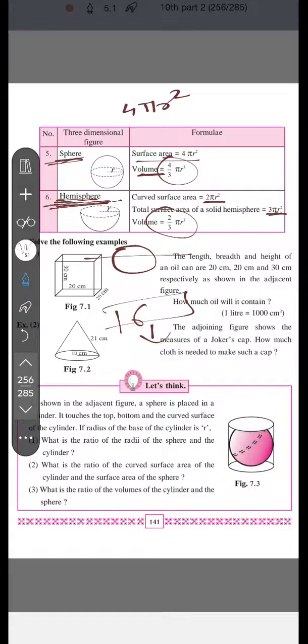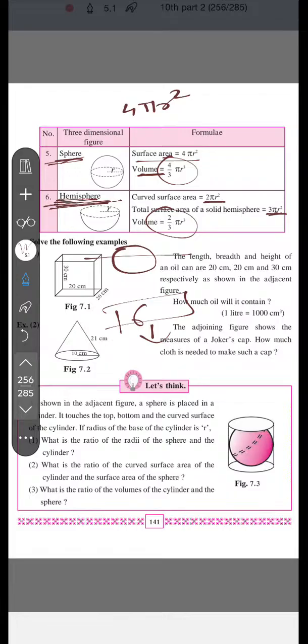Now today I am going to take a doubt session based on all these formulas from chapter number 7, that is mensuration. I have already told you what exactly mensuration means. If you are trying to find out the area and the volume of any shape, then it's called mensuration.